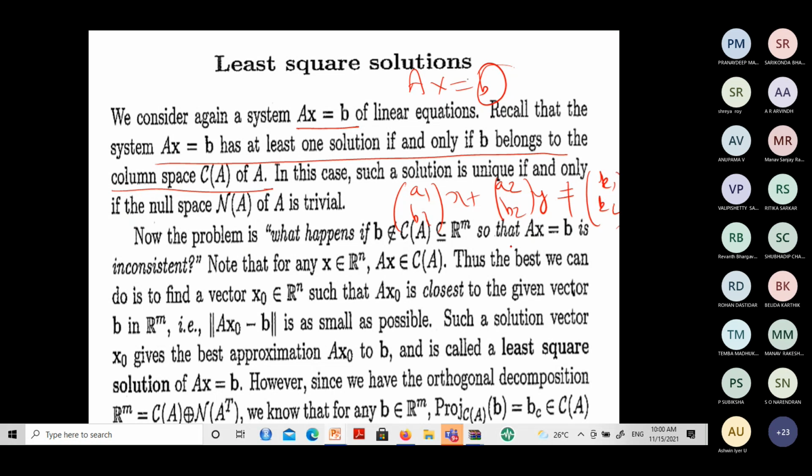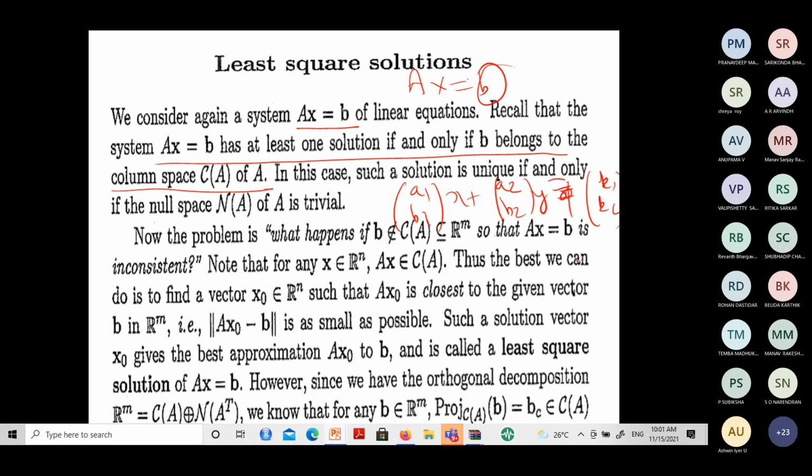Your K1 K2. Right? This is not equal to your K1 K2. That means this is not in the column space of A. If this is not, then the system is not consistent. You won't have a solution. Right? Only if this is equal to, then I can say the system is consistent. Maybe it may have unique or infinitely many. That is different. But at least it will have a solution.